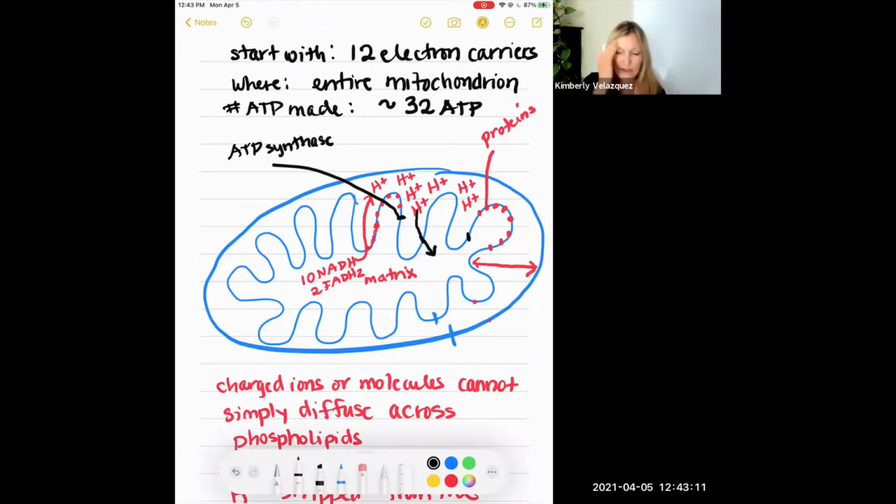They can't come across that phospholipid bilayer because they are charged. And when they come back across, it's going to phosphorylate ADP to form ATP. So if this is ADP and it's just sitting there waiting, as those hydrogens come across, it generates energy to stick phosphates back on that ADP to form ATP. And I'm going to show you a picture of that happening in a minute.